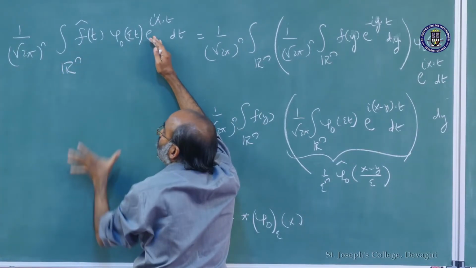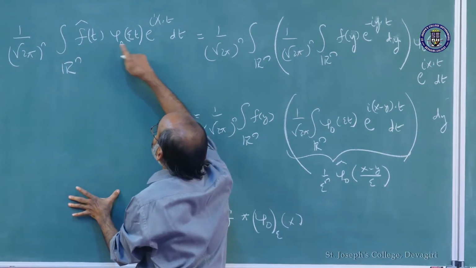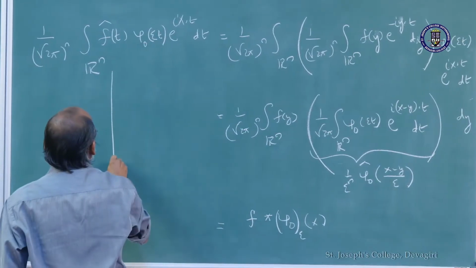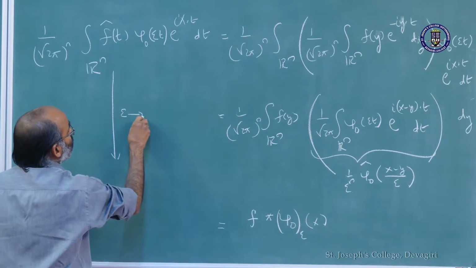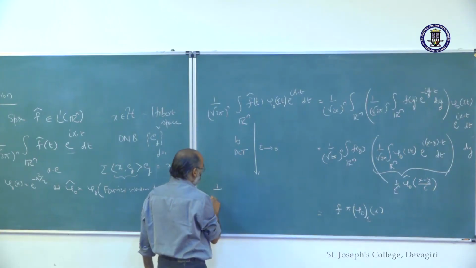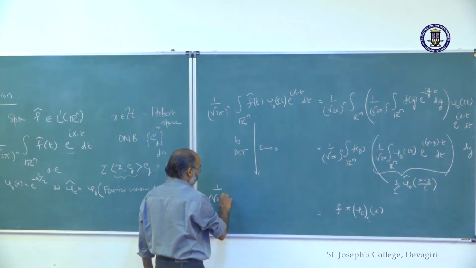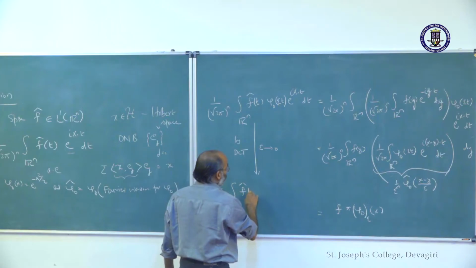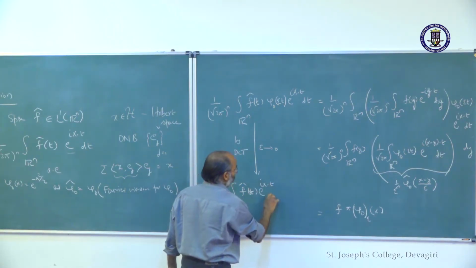So by DCT, this will go to f hat t e to the ix dot t dt, precisely what we want. So as epsilon goes to 0, by DCT this converges to 1 by root 2 pi to the n integral over Rn f hat t e to the ix dot t dt.